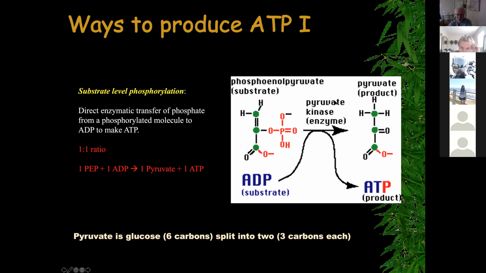An enzyme called pyruvate kinase removes the phosphate group and gives it to ADP, so you end up with ATP and pyruvate. Anytime you see an enzyme with kinase in its name, it almost surely involves phosphate, usually transferring a phosphate from one molecule to another.